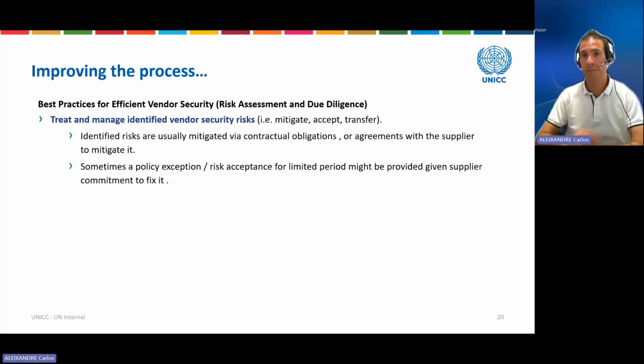Now, talking about treatment and managing the identified risks. Usually these are mitigated via contractual obligations or agreement with the supplier. So we find that they are not encrypting data, or they are not properly having anti-malware in the servers, or not doing penetration tests on a regular basis.